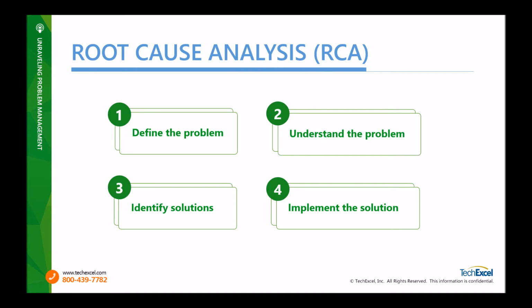The steps in an RCA include defining the problem, understanding what it is, identifying solutions, and implementing the solution using change management. So when defining a problem, some of the common questions include: what is the problem? When did it occur? Where did it occur?